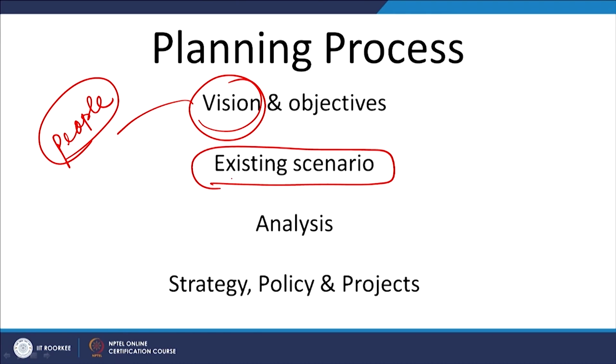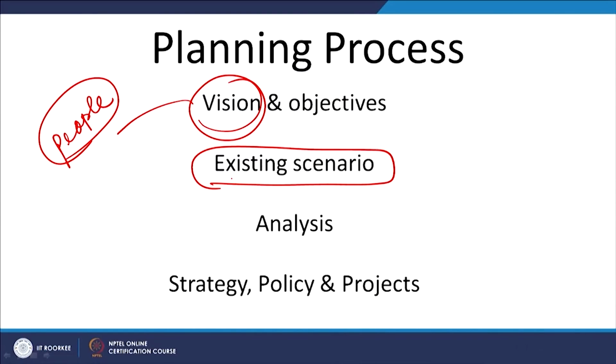On the basis of the existing situation of the city, for each and every parameter the condition of the city is estimated, screened or assessed. For example, the condition of the road and traffic, the economic profile, the social profile, etc. And based on that and in relation to the vision, some objectives are framed.